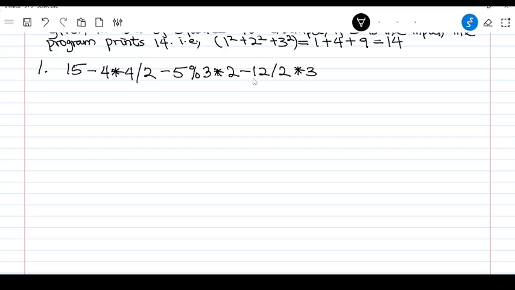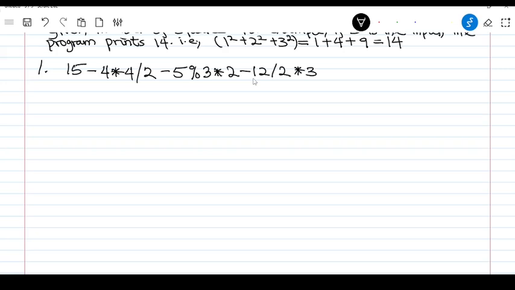Now the thing is, if operators of the same hierarchy are in an expression, you're going to go from left to right. So in this case of 5 minus 4 times 4 divided by 2, because I'm having 4 times 4 divided by 2 in the first case, and multiplication and division are of the same hierarchy, I'm first of all going to multiply 4 by 4 before dividing whatever I get by 2.